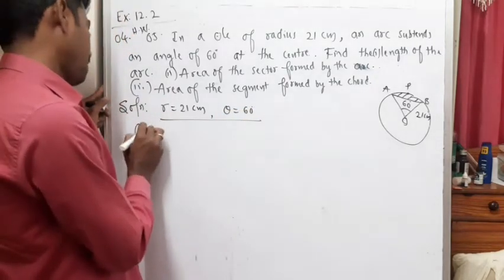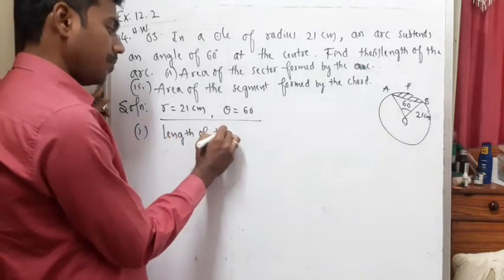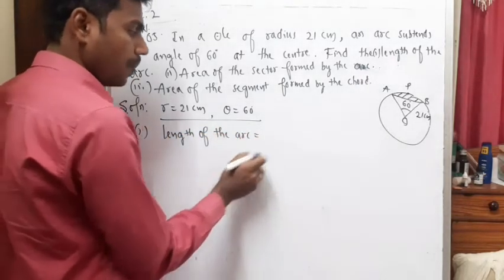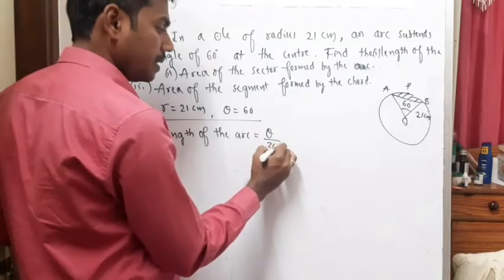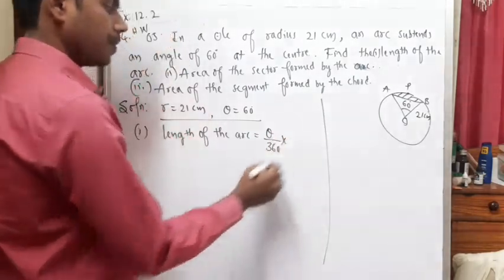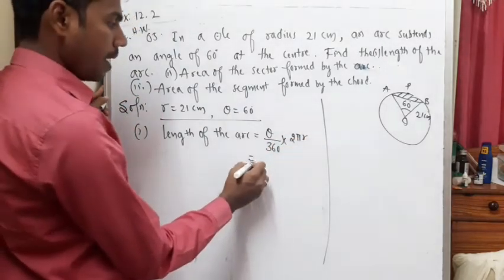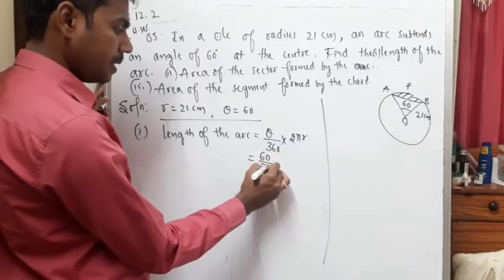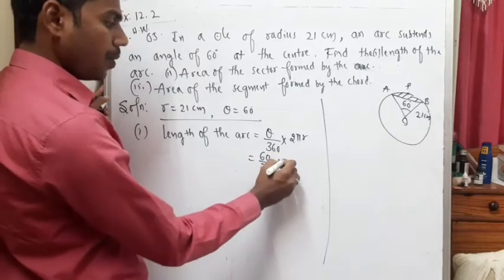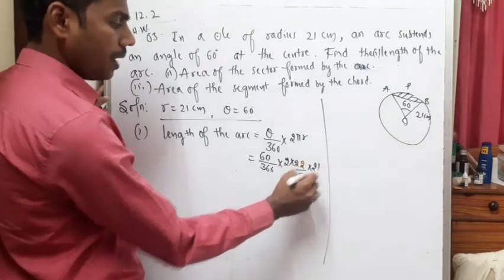First, the length of the arc is equal to theta divided by 360 into 2 pi r. So what is theta? 60 divided by 360 into 2 into 22 by 7 into r, which is 21.